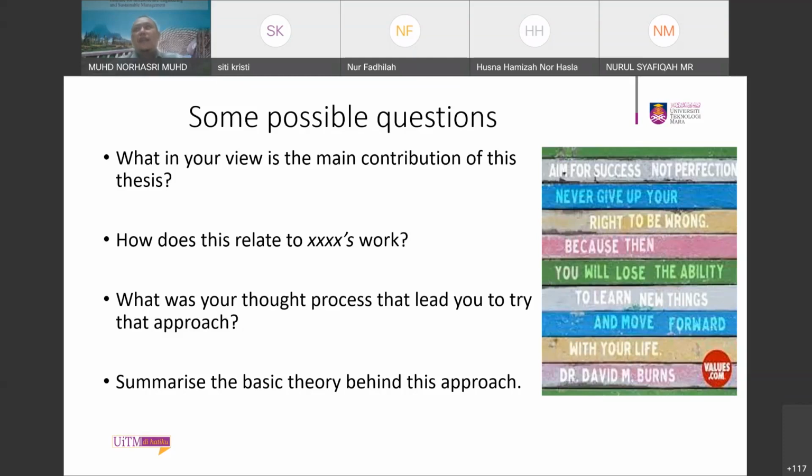One of the things panels or examiners will do is find the journals that you mentioned in your report and also the newest journals. If these journals have already been read by the panels or examiners, put your comment: what is the difference between that journal and your study?